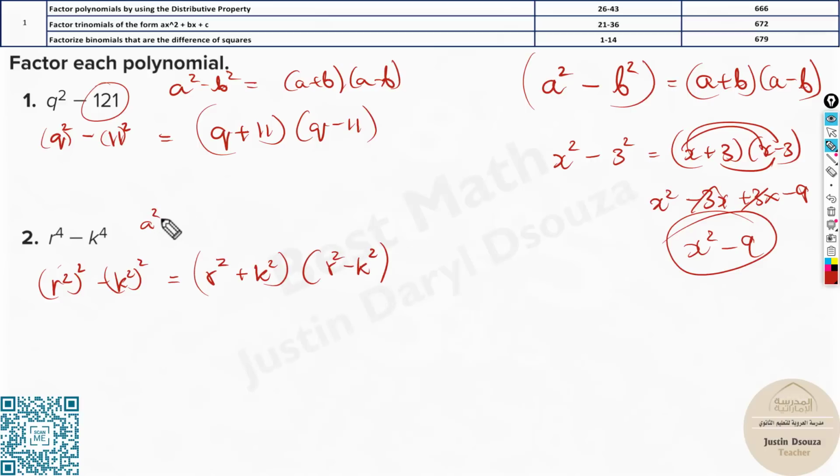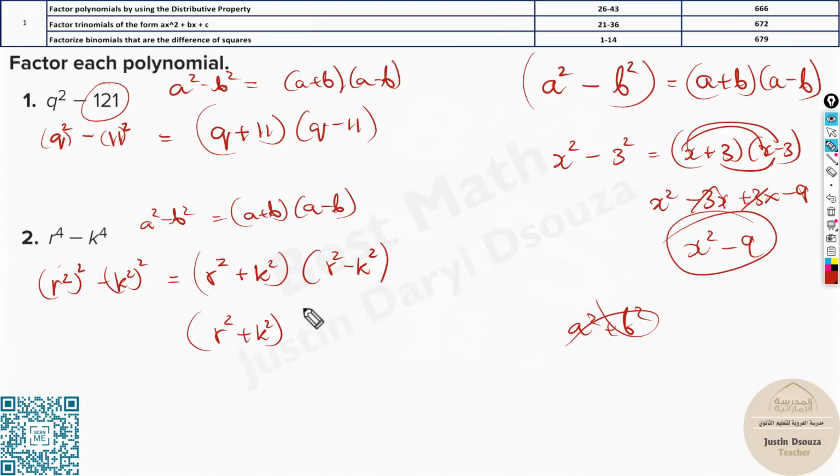But before that, you should write the identity for each problem. I just wrote it once. So please make a habit to write this for every question. Now, can you see this r squared minus k squared? Again, we can apply the same identity. But if it is plus, no, we don't have any identity for a squared plus b squared. We leave it. That's simplified. Done. We can't do anything further.